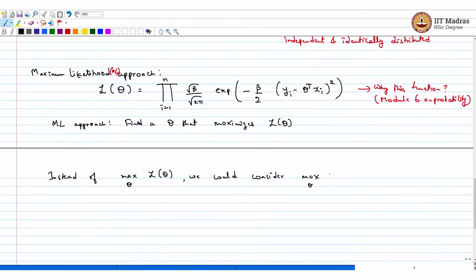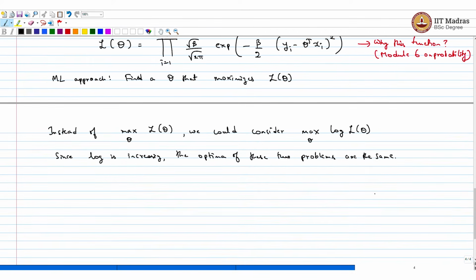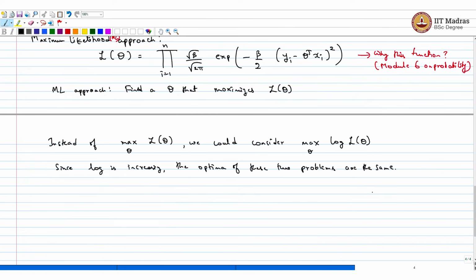So, you take log L of theta, and since log is increasing, the optima of these two problems are the same. Now, why am I taking log? Simply because there is an exponential and it is easier to maximize, take the derivatives, if I have the log.